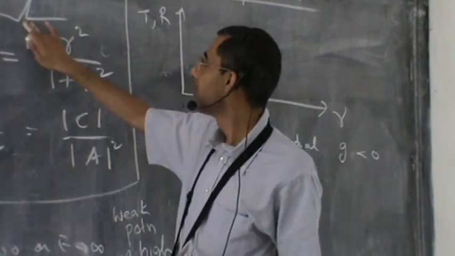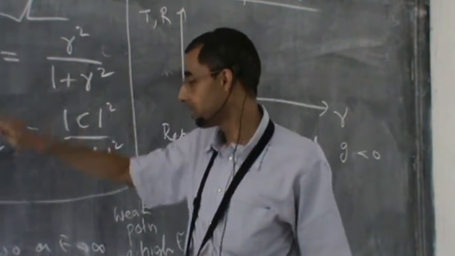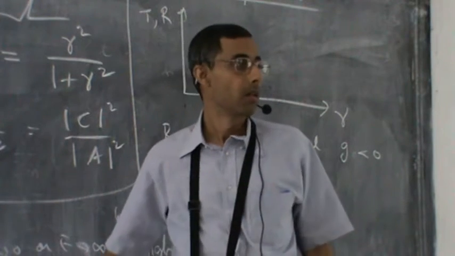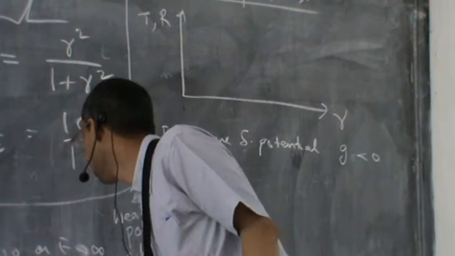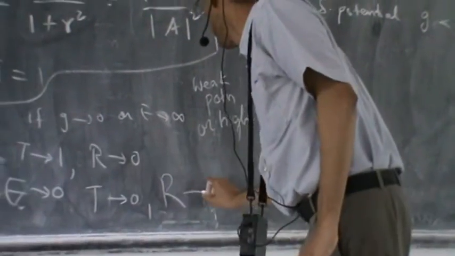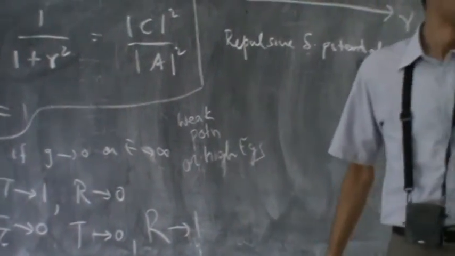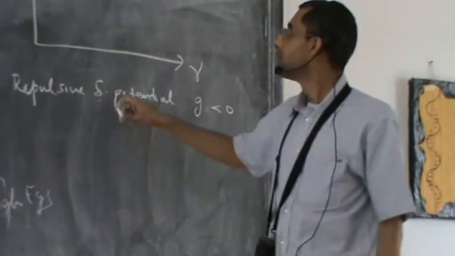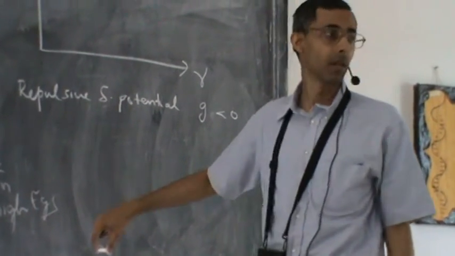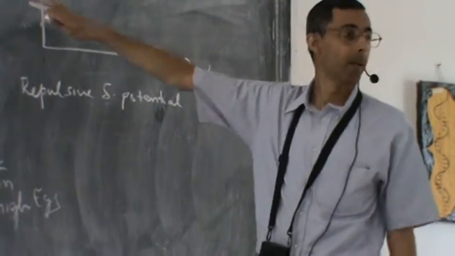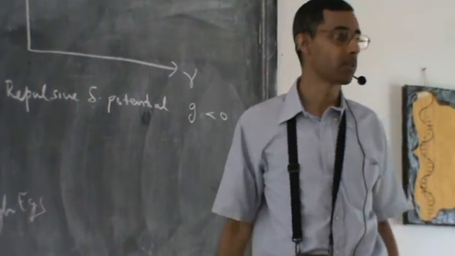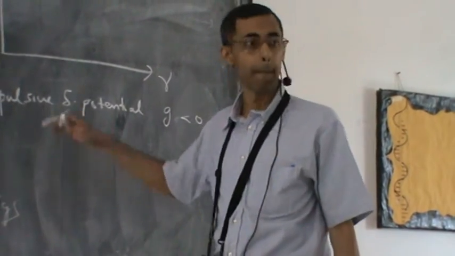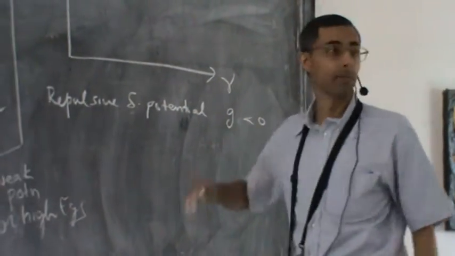So for low energies, there should be no transmission. So we will expect T to go to 0 and full reflection. So we notice that in this problem, whether it is an attractive or repulsive delta potential, the reflection and transmission coefficients are the same. I am now ready to plot them.